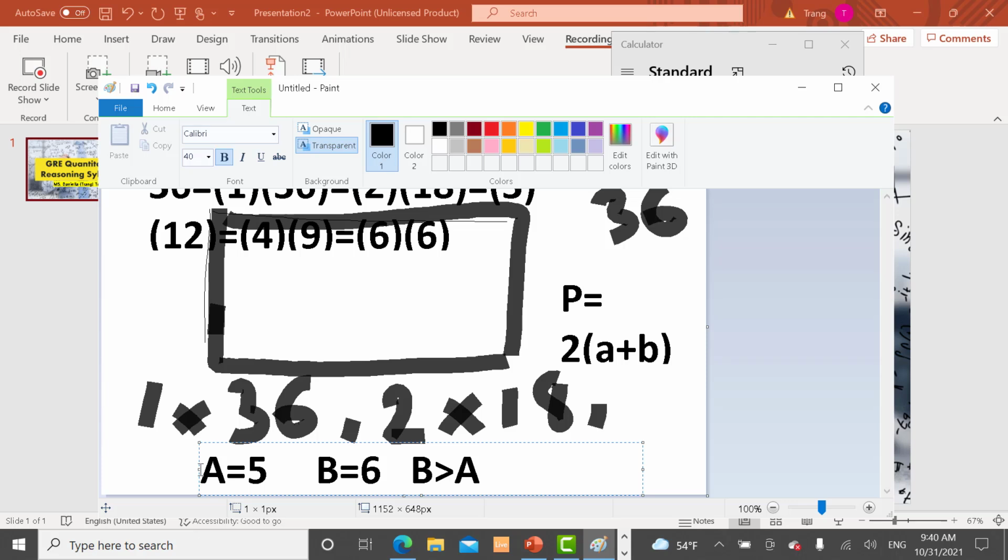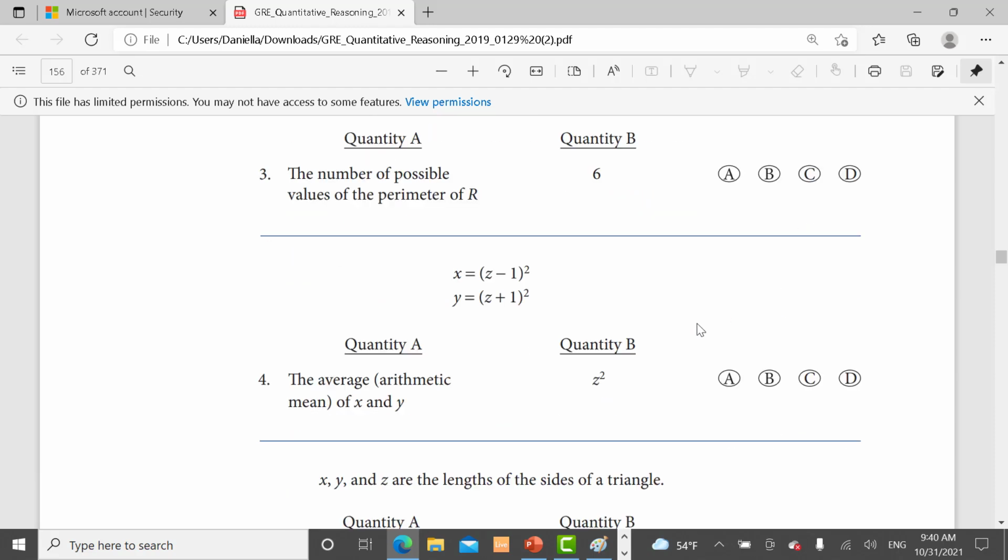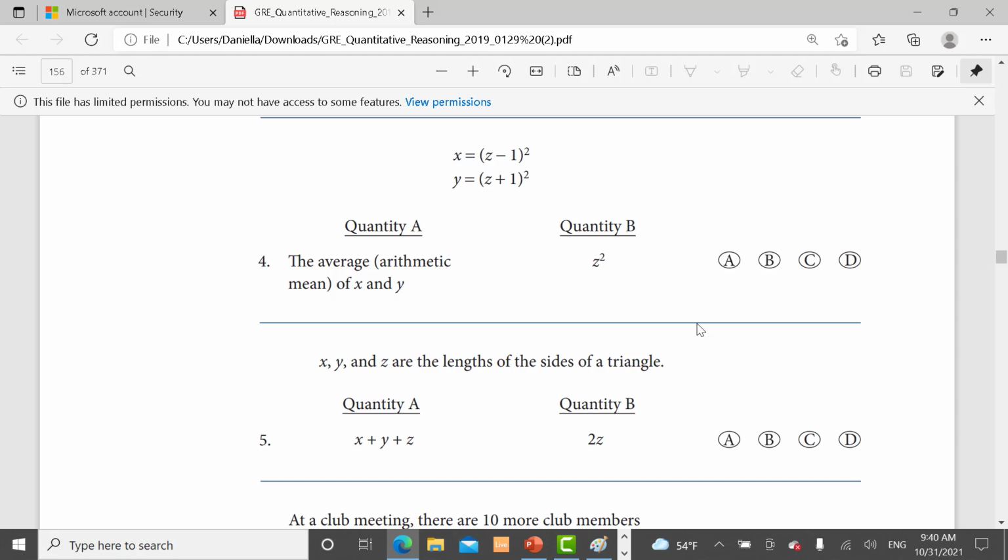I repeat, we got 5 here because we have 5 values of the perimeters. So from here we have B as the answer. Now let's move to question number 4.